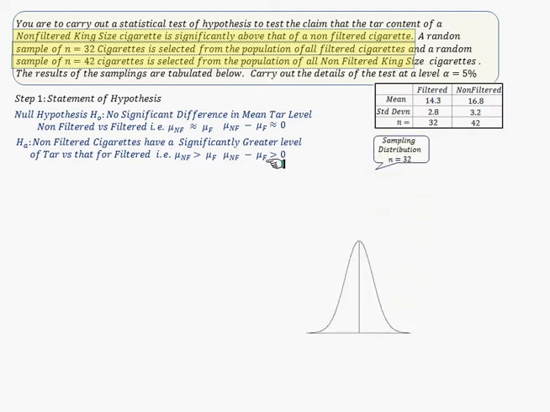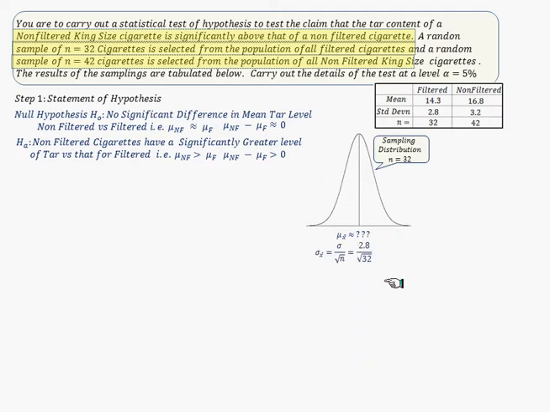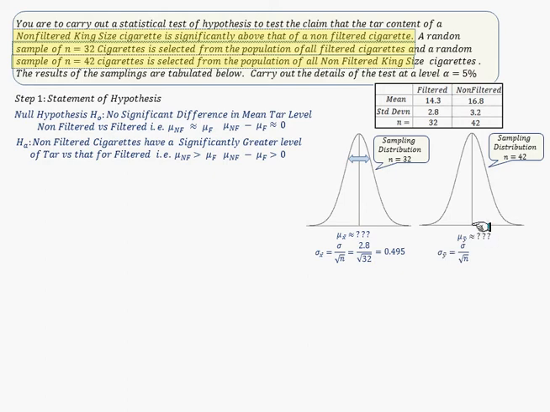Looking at the sampling distribution for n equal 32, we don't know what mu sub x bar is, but we do know that sigma sub x bar is around 0.495, and similarly with y bar, they'll cluster around a certain population mean, and sigma sub y bar is 0.494.